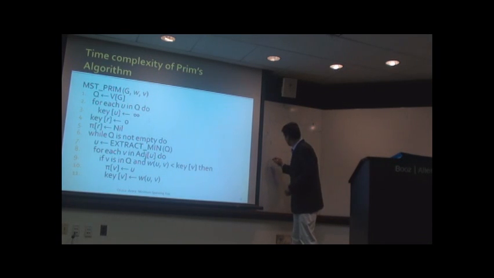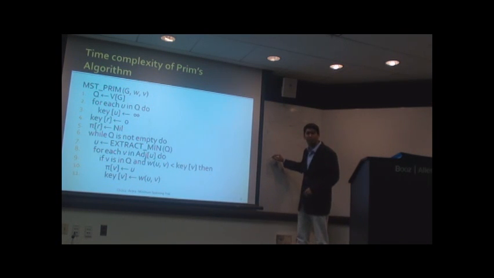If this is what your heap looks like, and this is the value you're changing from 9 to 6, then you will compare it with the parent, and you may do some reordering to make that correct. Let's say this node was a 7, and you change this 9 to a 6. Then 6 cannot be a child of 7, so you'll switch them.